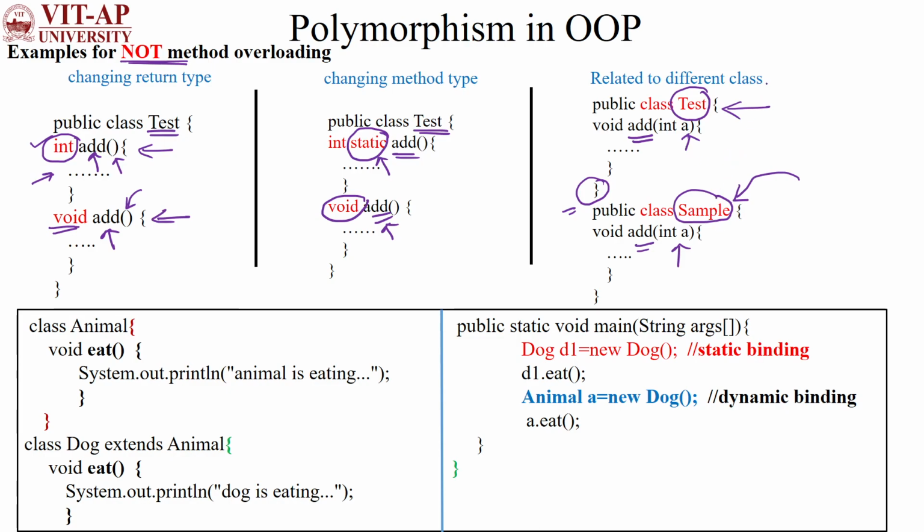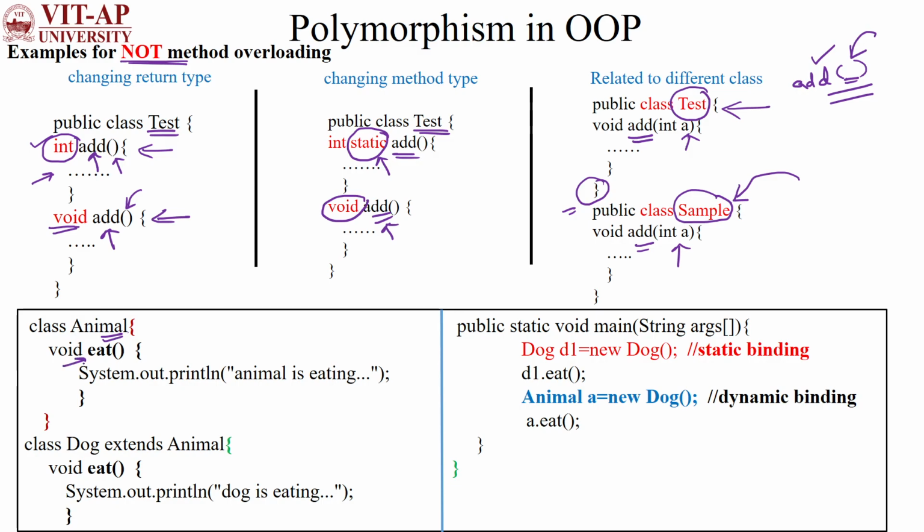So whenever we implement polymorphism, the methods should be available inside the same class, with the same method name and a different number or different type of arguments. Here one example is given with class Animal.